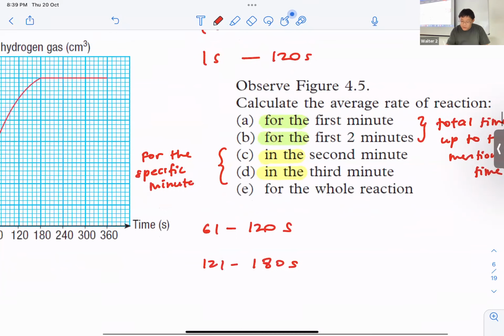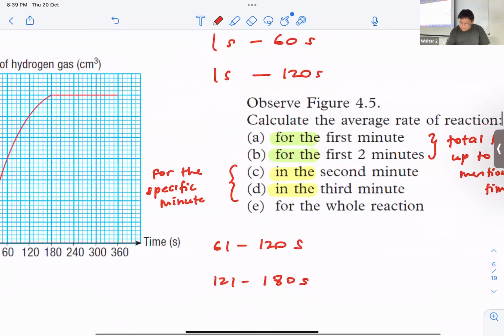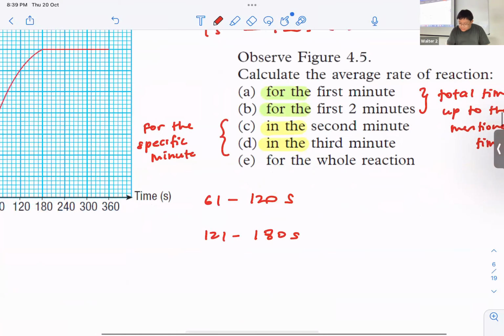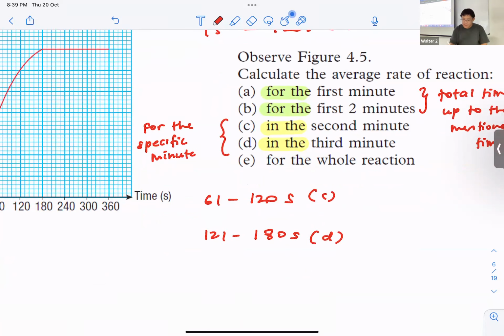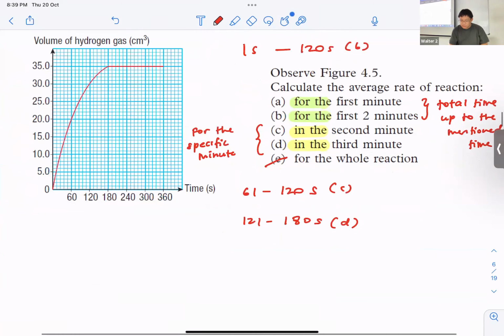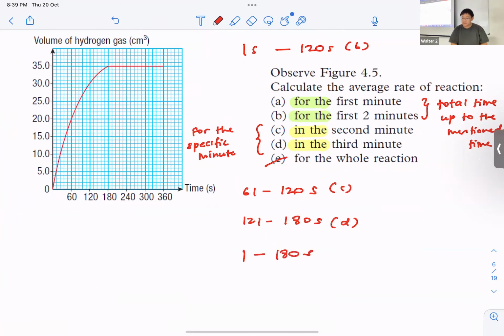So this is for A, this is for B, this is for C, and this is for D. For E, the whole reaction is the same as what we talked about just now: the first until the 180th second in total, and also total volume. E is the easiest actually. So let's do one by one.